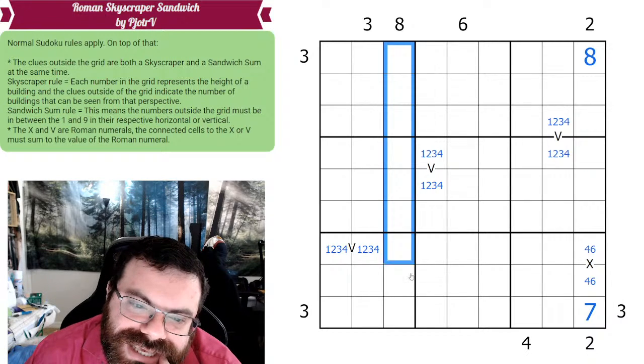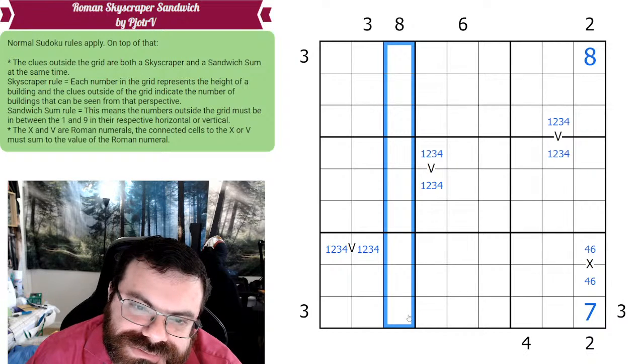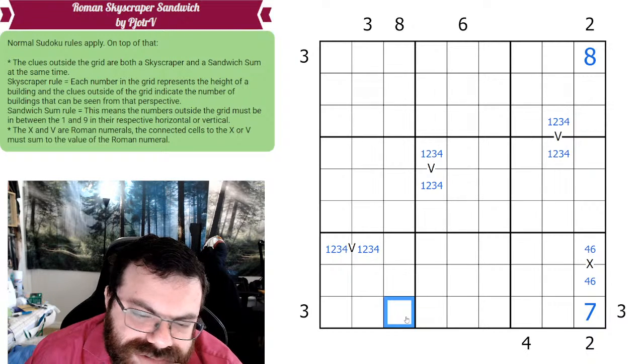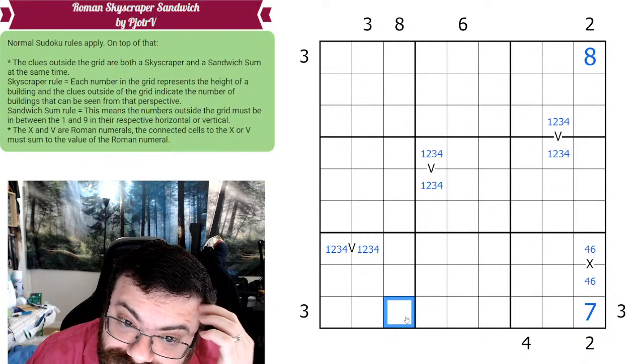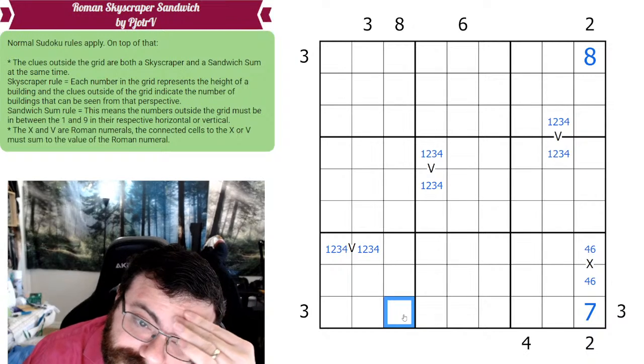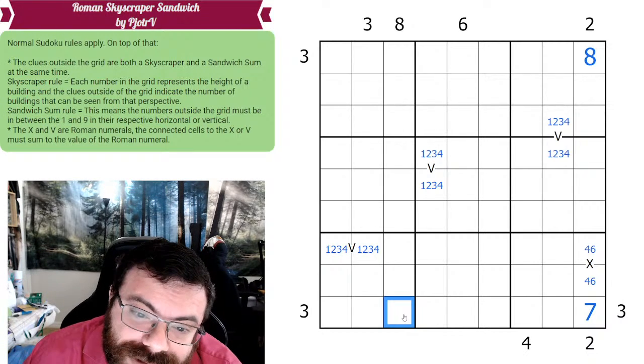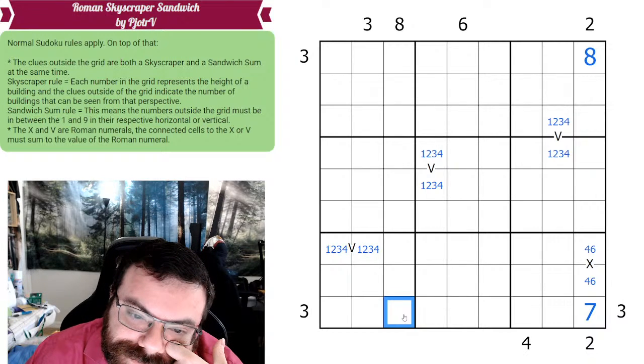Eight skyscraper is very restricted. How's that going to work? So we know the 1 is part of the sandwich. I think that means we have to hide the 1.